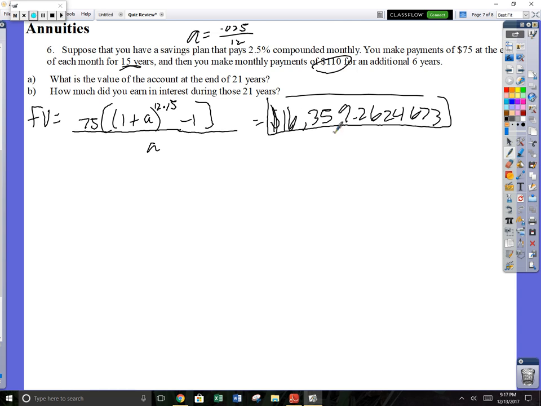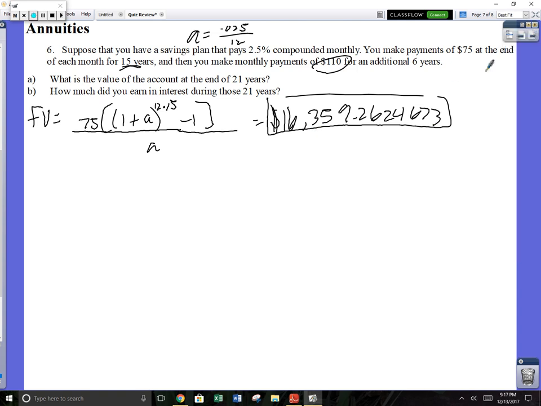So here's what I'm going to do. I'm going to take that money, that's my principal. I am going to times that by 1 plus the same rate, 0.025 over 12. And so this is like my one lump sum investment.